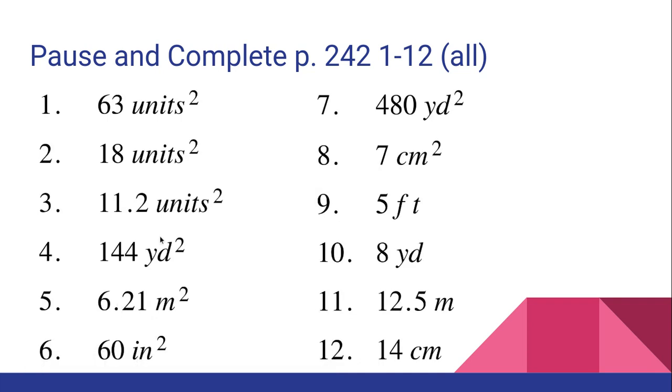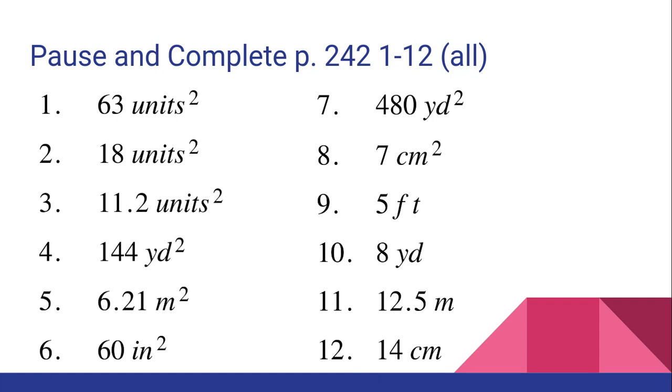All right, on number 1, in order to find the length and the width, you needed to count those squares. So we had 9 squares by 7 squares, and 9 times 7 is 63 units squared. Those measurements are so important. If you forgot to do that, go ahead and write it in pen. Same thing on number 2, we needed to count the squares.